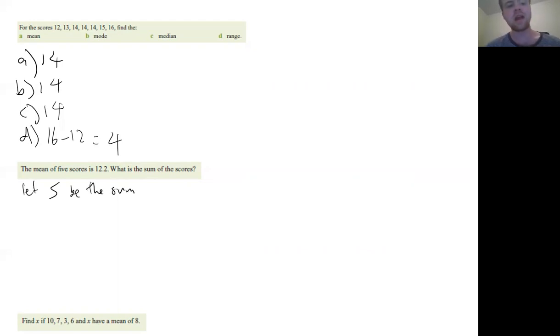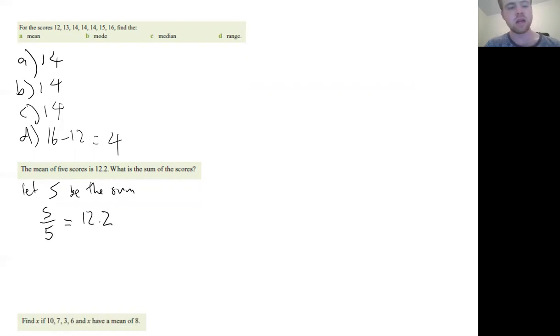Okay, and we know that when we're finding the mean, the total scores divided by the number of scores is going to equal the mean. So in this case, we don't know S, but we know that there are 5 scores. So the total divided by the number of scores, 5, equals the mean, which is 12.2.